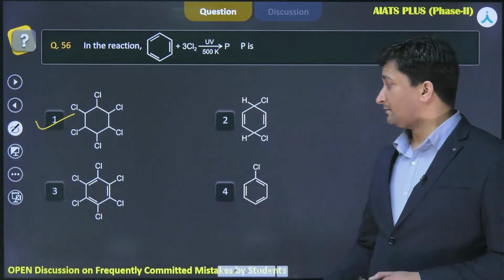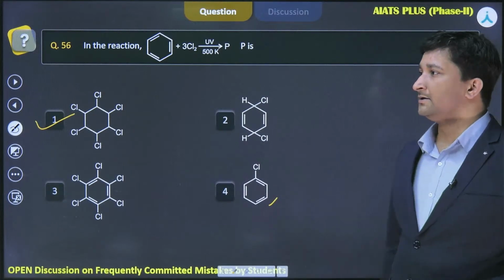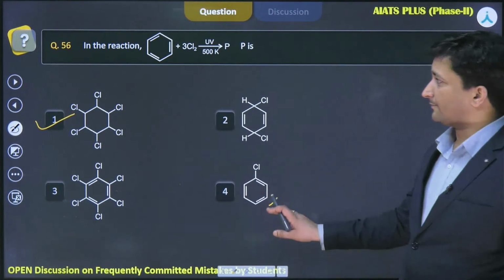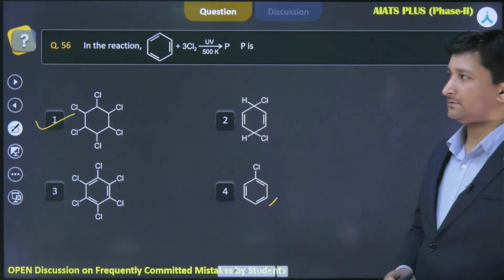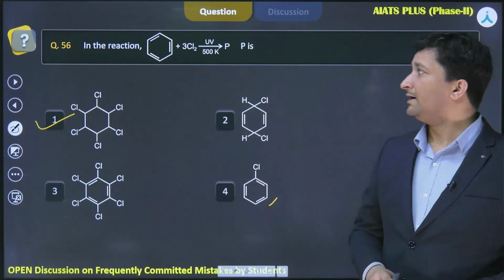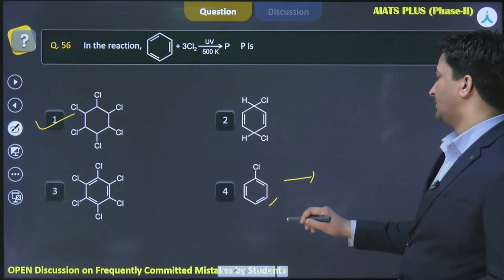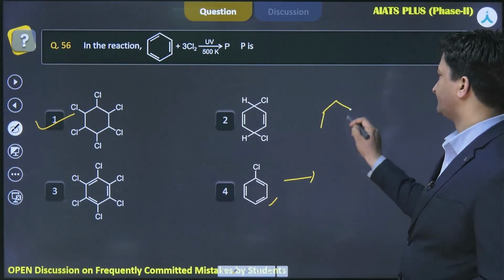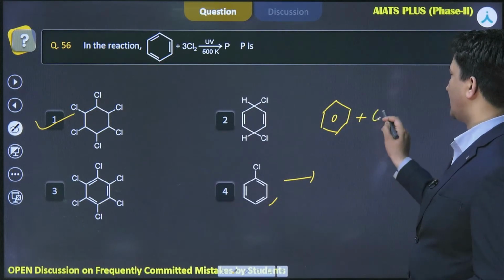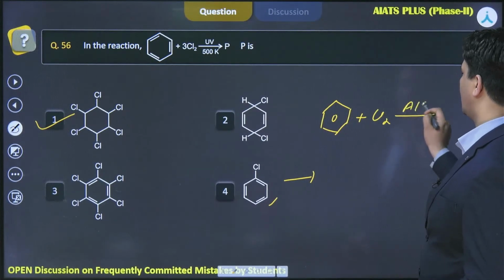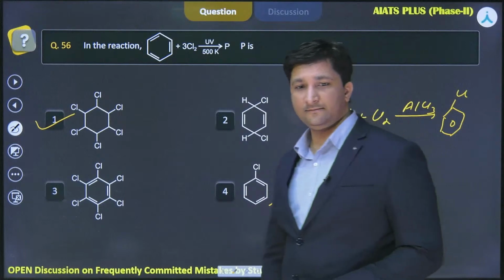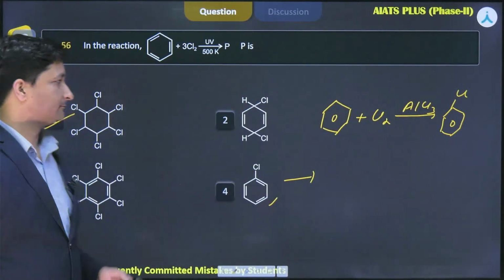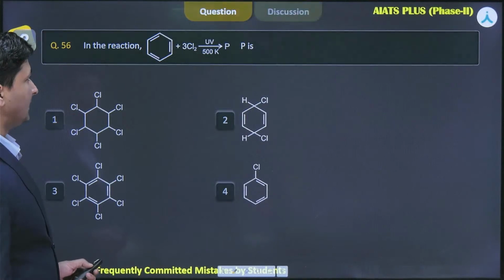In what situation do we get this chlorobenzene? It is obtained by electrophilic substitution, halogenation, when benzene reacts with Cl2 in presence of AlCl3. At that time we get chlorobenzene as the major product. Is this clear? Yes. So now let's move on to the next question.